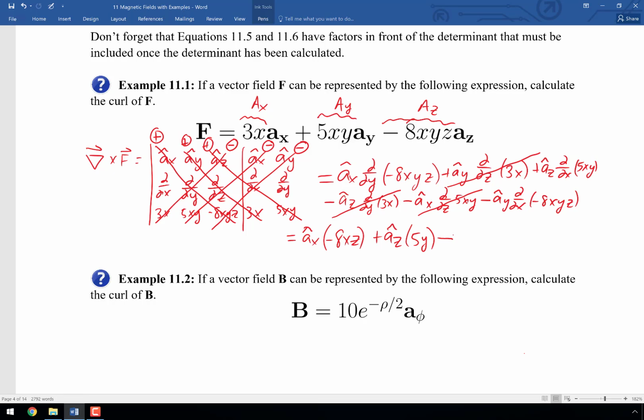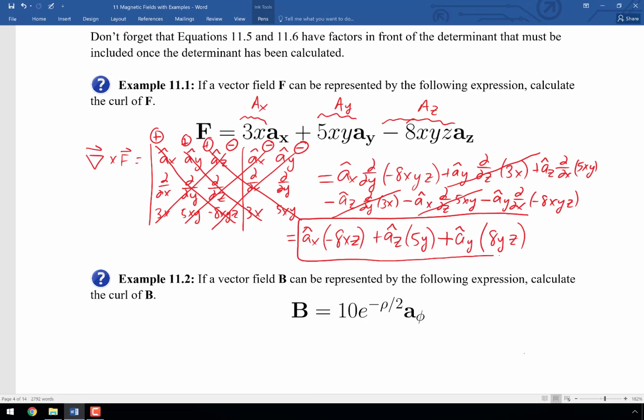And then we have minus, don't forget that minus sign. Oh, it's a minus of a minus actually, so it becomes a plus. Plus a sub y times the partial with respect to x of 8xyz becomes 8yz. Let me just quickly double check that I got all of those the same. Very good. So that's my final answer.